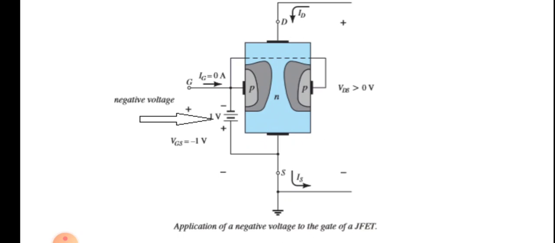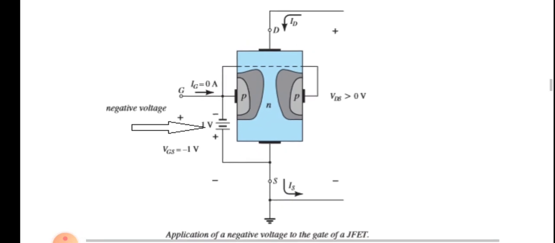So the upper PN junction is reverse biased, and on the lower side, once again, the P region is at negative potential and the source is considered as the reference potential. So the potential difference across the PN junction on the lower side is lesser.